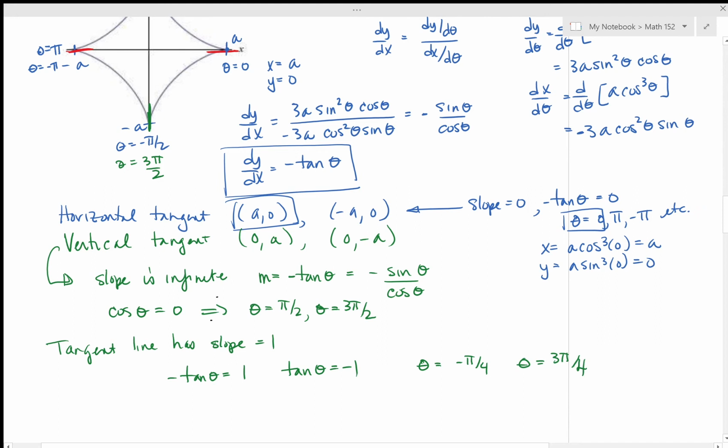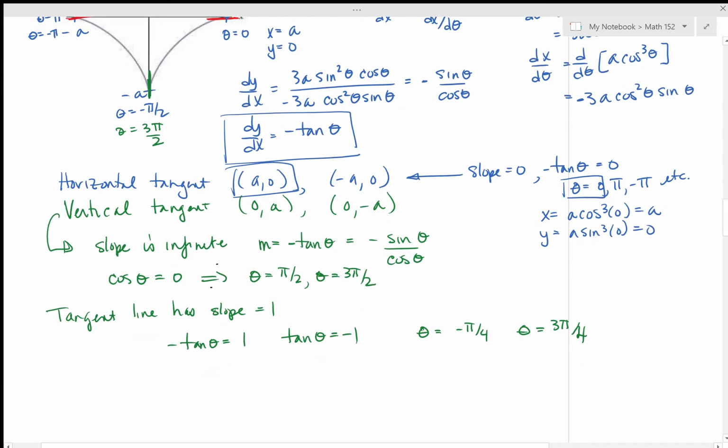And then I calculate the x and y coordinates. For example, let me do it for the minus pi by 4 one. That's going to be x equals a cosine cubed of minus pi by 4, and that is a over root 2, and then y will be equal to a sine cubed of minus pi by 4, and that is minus a over root 2.